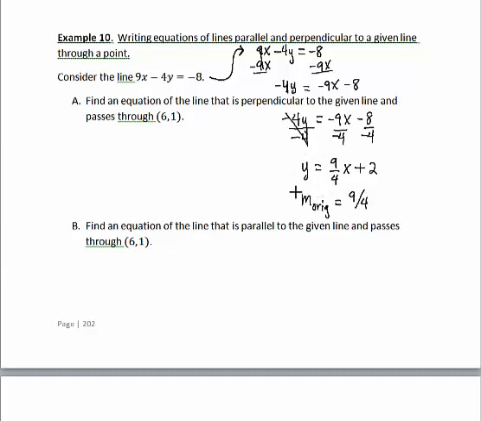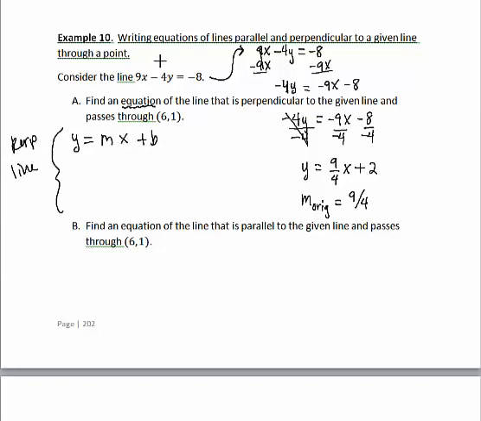Okay. Now, what is the perpendicular slope? Ultimately, we want the equation of the line that is perpendicular and passes through this point. Well, we're going to use the slope-intercept form for this new equation. This is the perpendicular line.